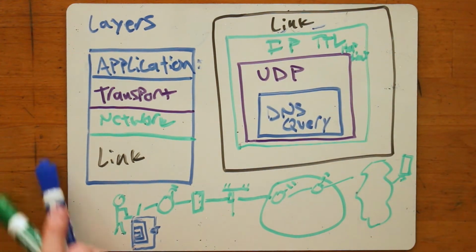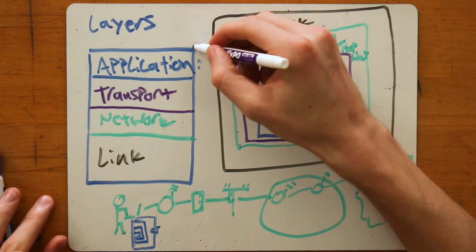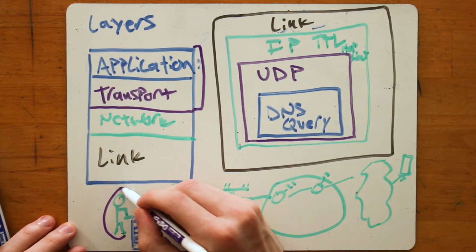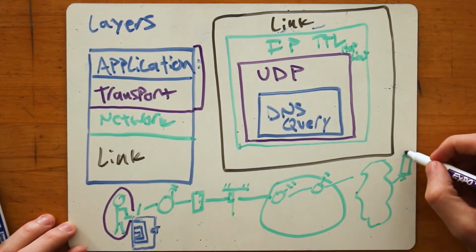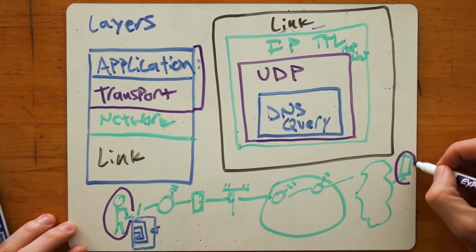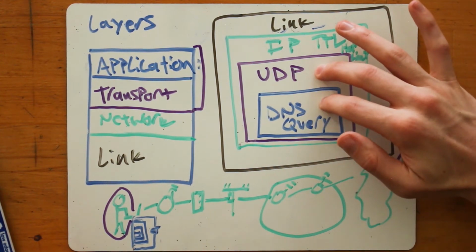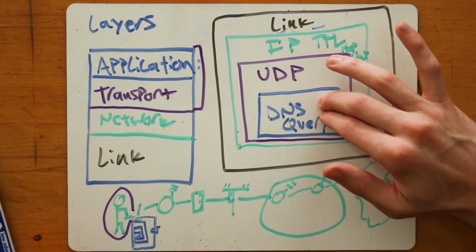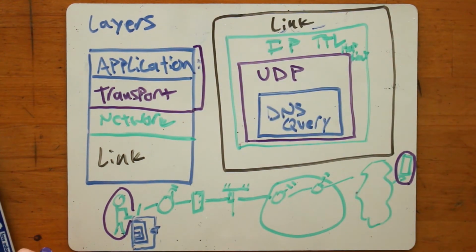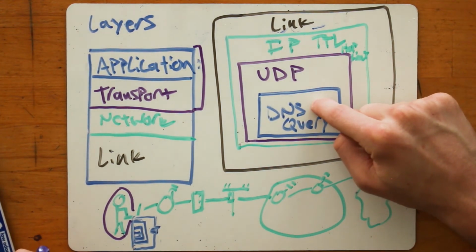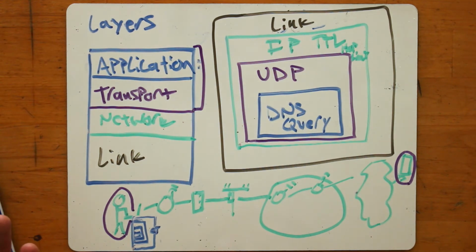But crucially, when we're thinking about just the application and transport layers, only me and my end destination, the DNS server in this case, end up examining the UDP layer and the DNS layer, so that they can communicate with each other. The DNS resolver obviously has to read the DNS query that I sent in order to determine what question I'm asking.